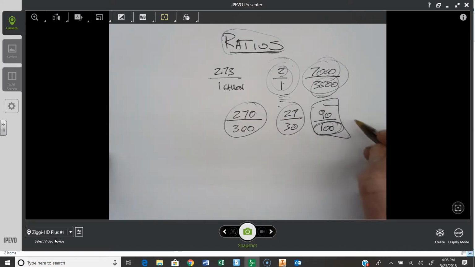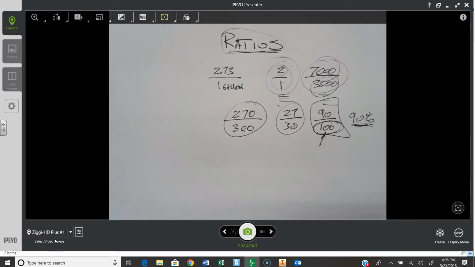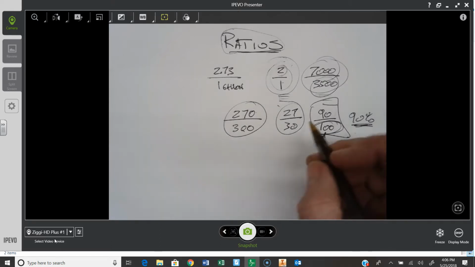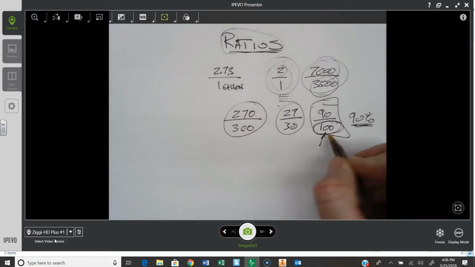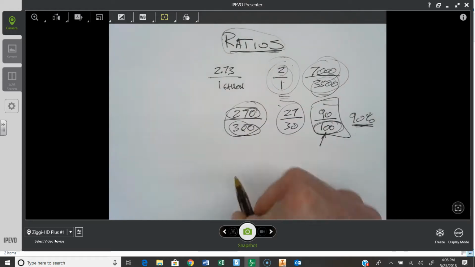All a percent is a way of writing a ratio, and everybody uses it. As we grow up, we get a feel for what 90% of something looks like. And then we base our grades on it, but you don't really get 90 points out of 100, you get 270 out of 300.